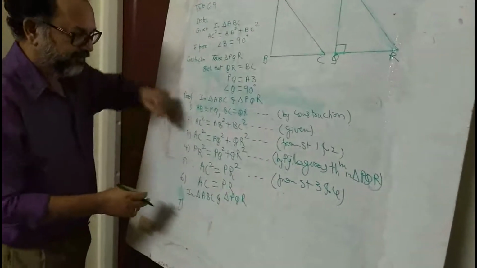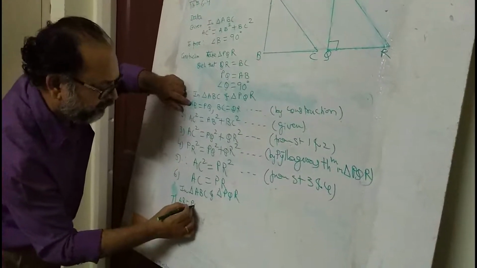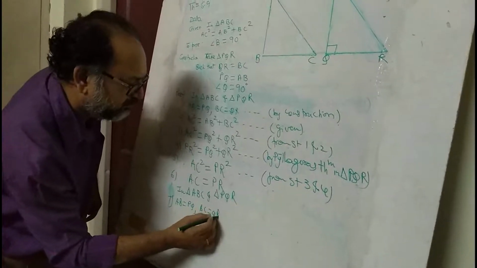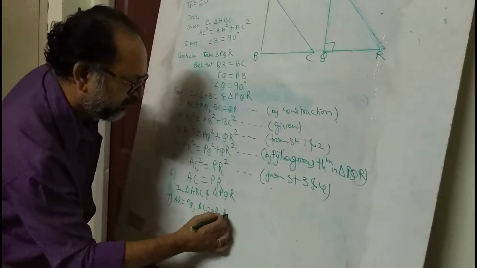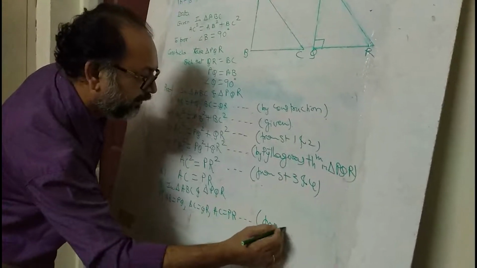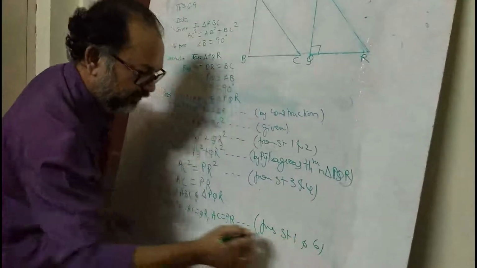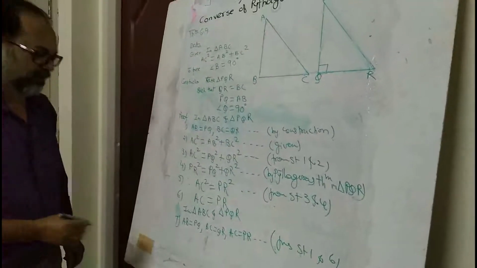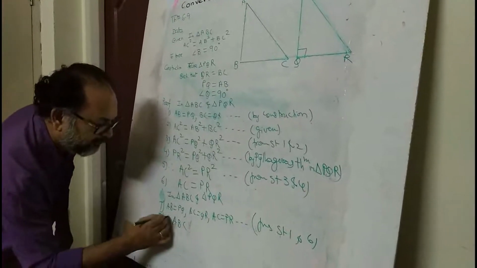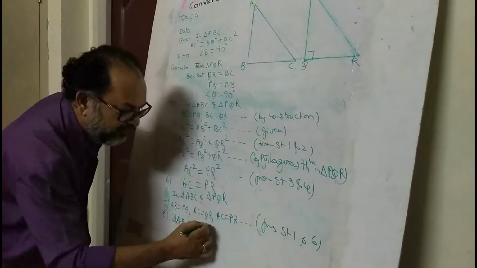In triangles ABC and PQR, we have AB equal to PQ, BC equal to QR, AC equal to PR, from step 1 and 6. So we got all the three sides equal, therefore triangle ABC is congruent to triangle PQR.